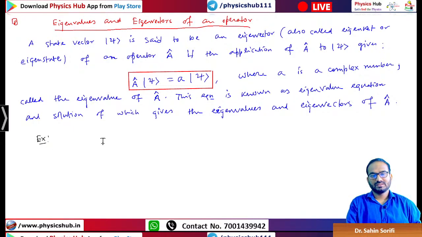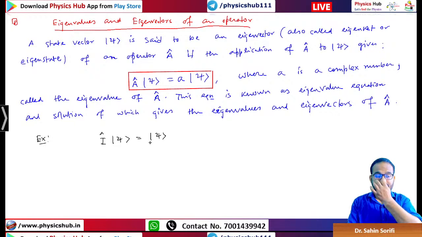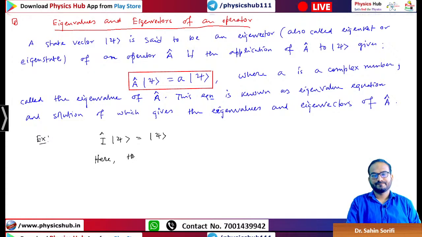If you apply identity operator on some ket psi, it will give you back psi. It means it has an eigenvalue of 1. Eigenvalue is 1.